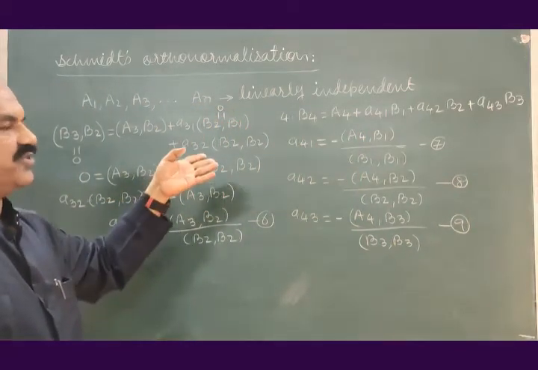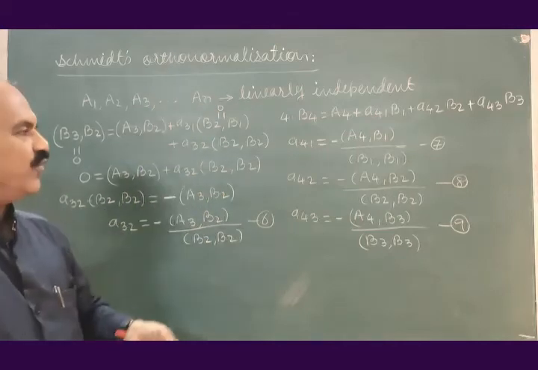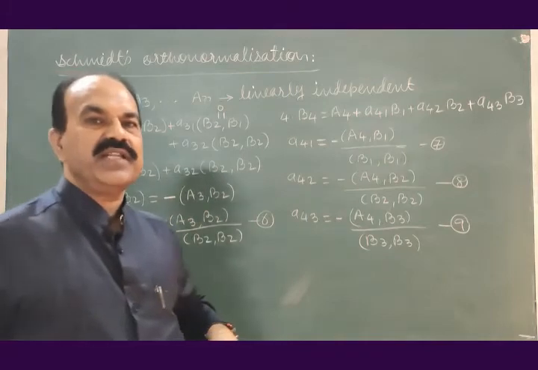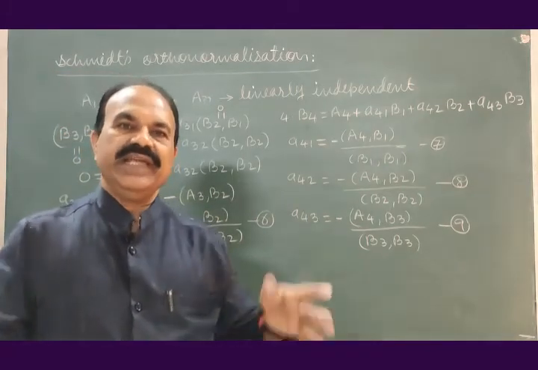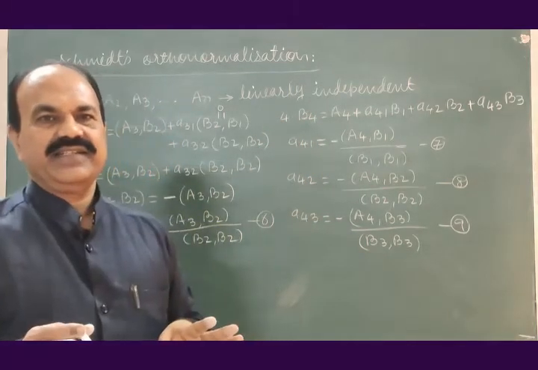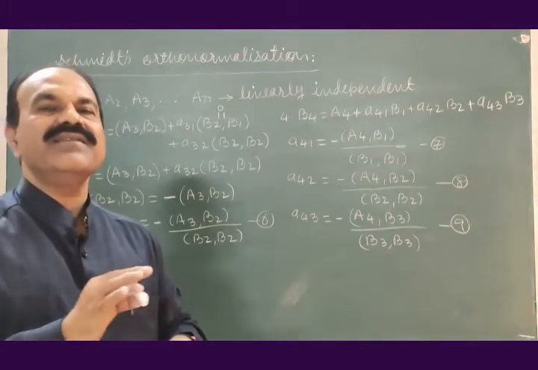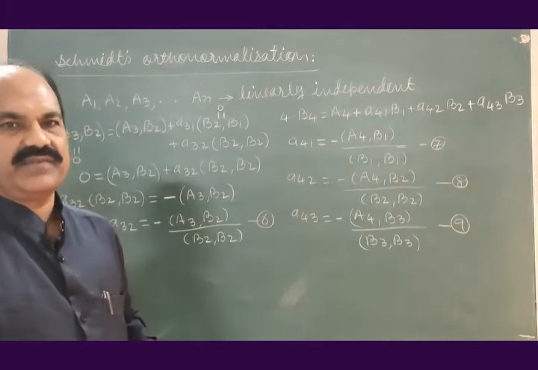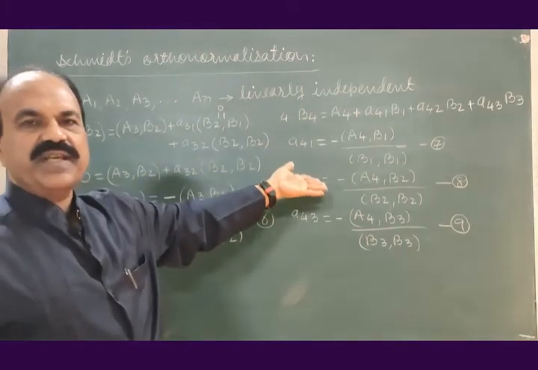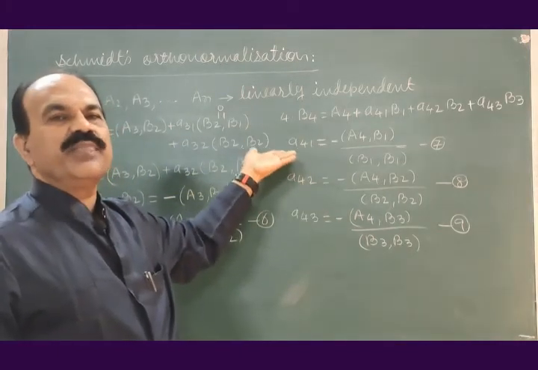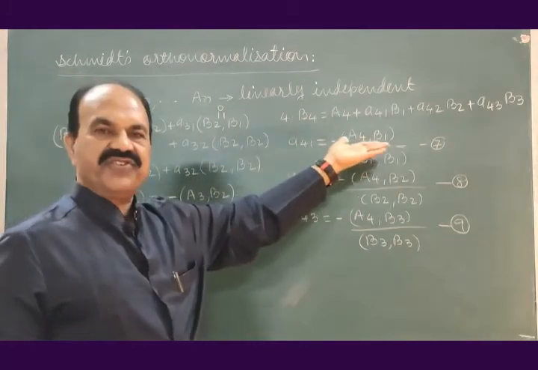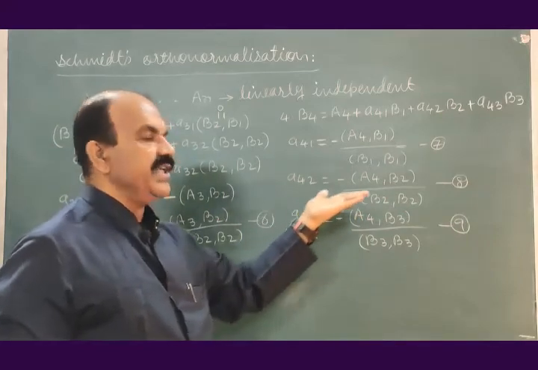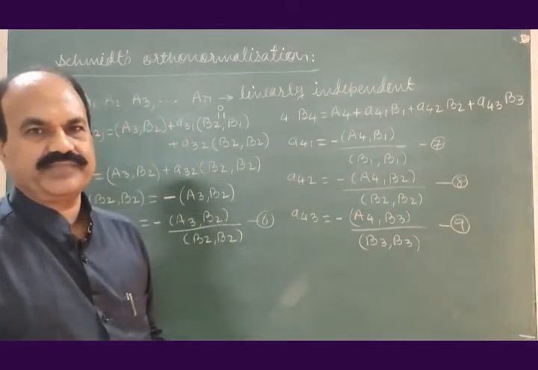Now you know the procedure to get the values of a41, a42, a43 because we have discussed this in step number 2, step number 3 in detail. Without skipping a single simple step, I have solved all these steps. Just use these steps here so that you will get a41 by equation 7, a42 by equation 8 and a43 by equation 9.